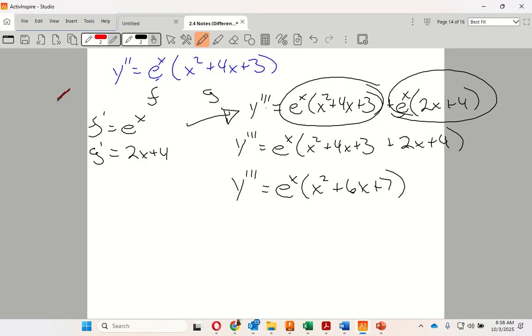I don't want to distribute this, because if I distribute this right here, that's going to give me e to the x times x squared plus 4 e to the x times x plus 3 e to the x.